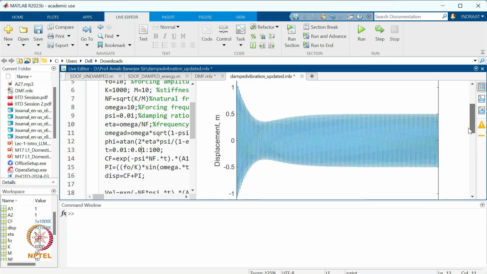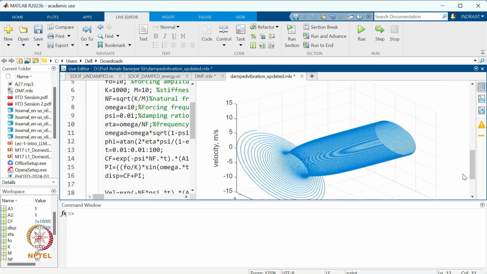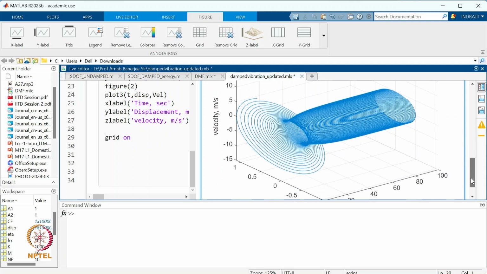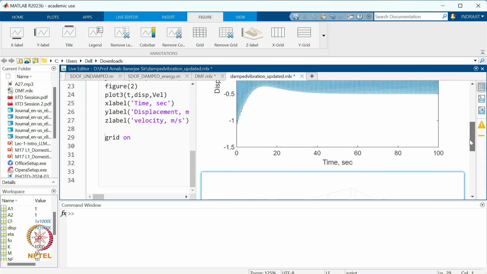Look, now the curve is very smooth. You see how the spiraling is happening. Nice.